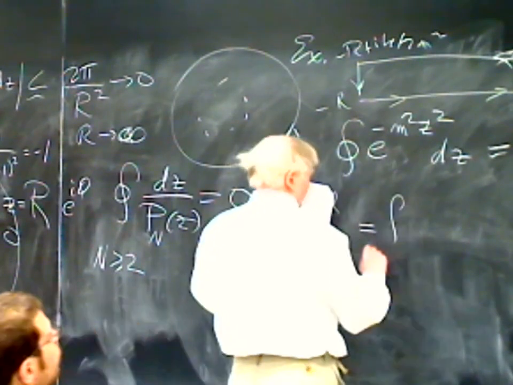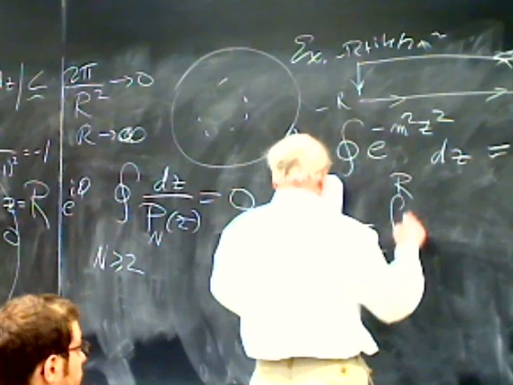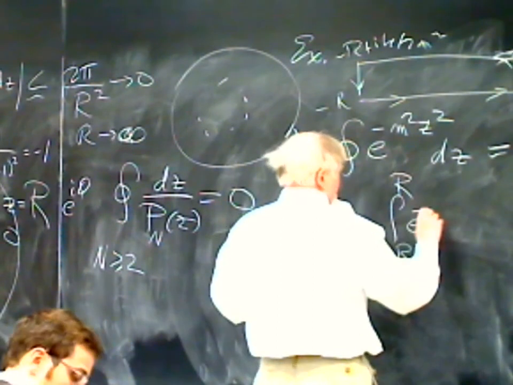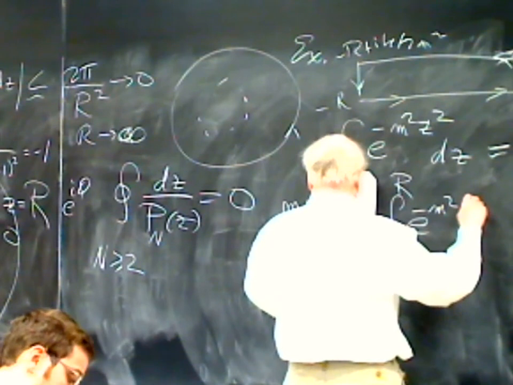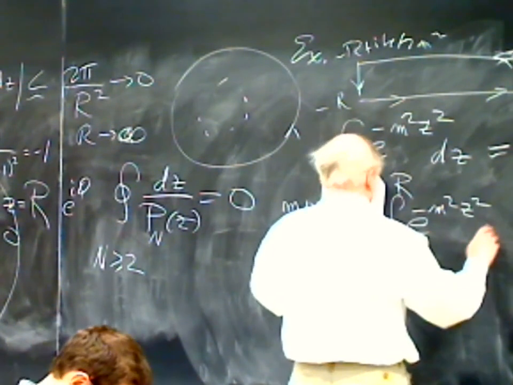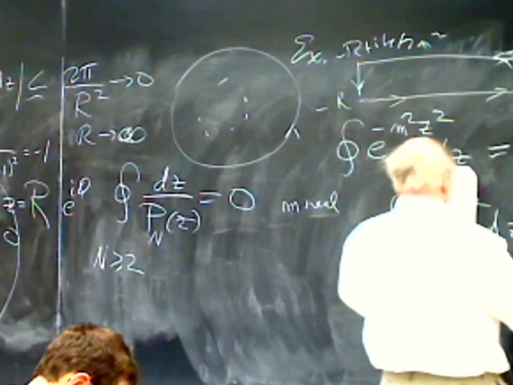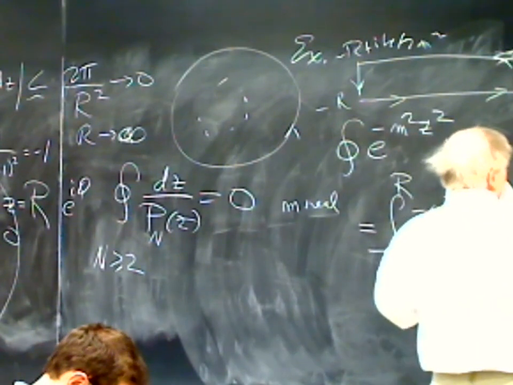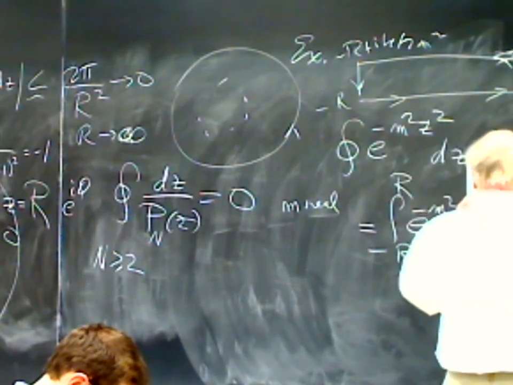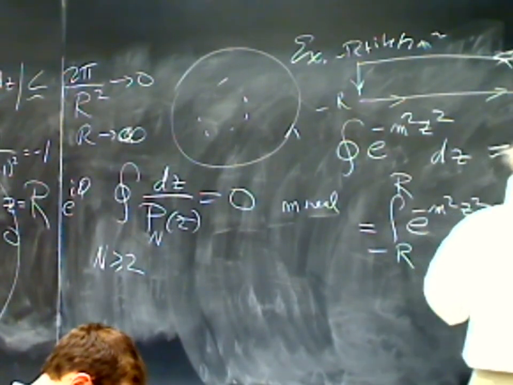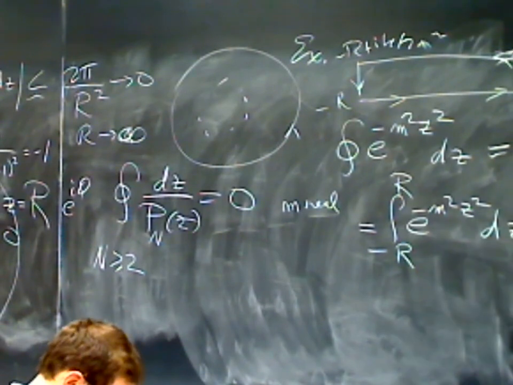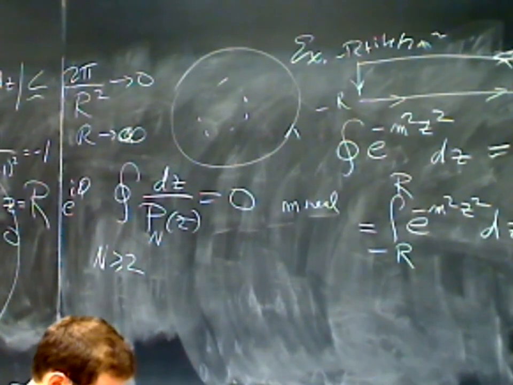Well, it's an integral from minus r to r, e to the minus m squared z squared dz, plus the integral from r to r plus ik over 2m squared of e to the minus m squared z squared dz, plus the integral from r plus ik over 2m squared.